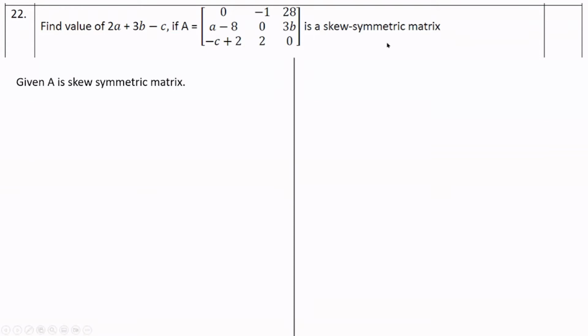So given A is a skew symmetric matrix. If A is a skew symmetric matrix, it means A transpose is equal to negative A. Now A transpose is the transpose of this matrix. So in A transpose, the first row becomes the first column, the second row becomes the second column, and the third row becomes the third column.